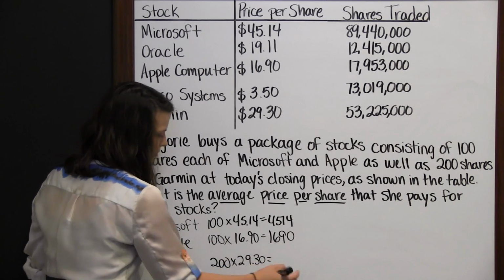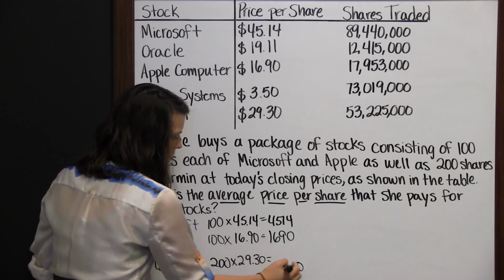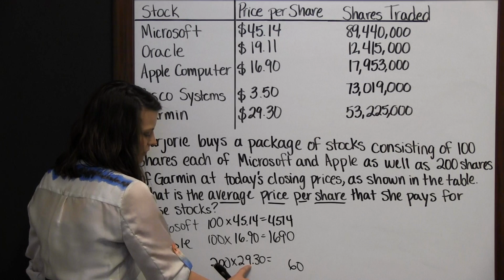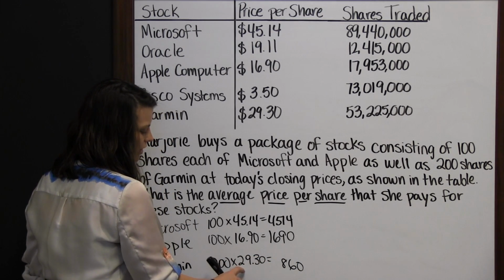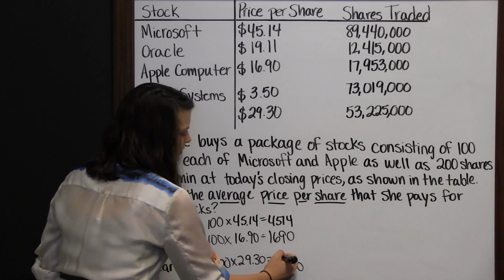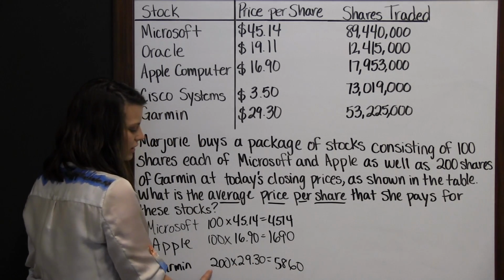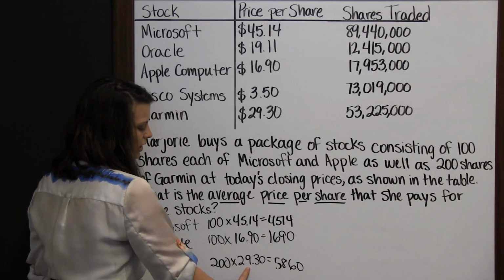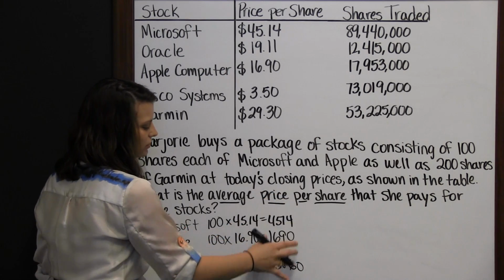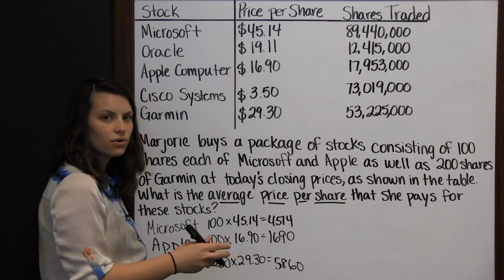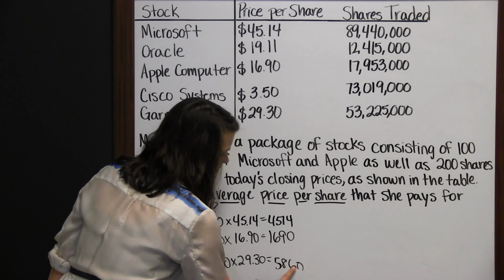If you double 0, you get 0. If you double 3, you get 6. If you double 9, you get 18, and then we carry the 1 over here, and 2 times 2 is 4 plus 1 is 5. So all I did was multiply 200 times $29.30. So I can use this then to find my total amount of money spent.